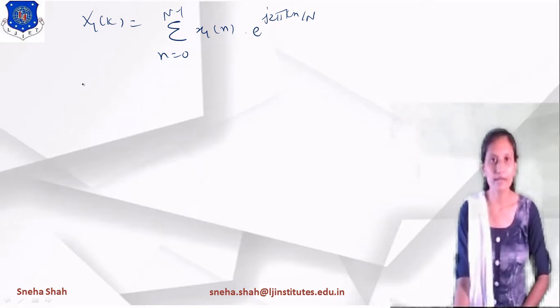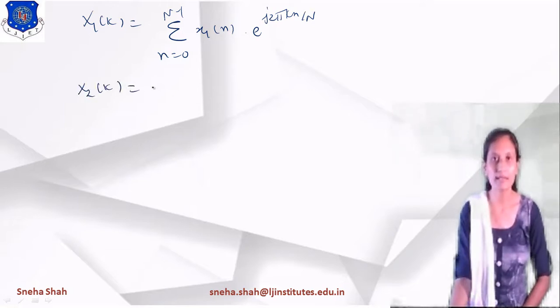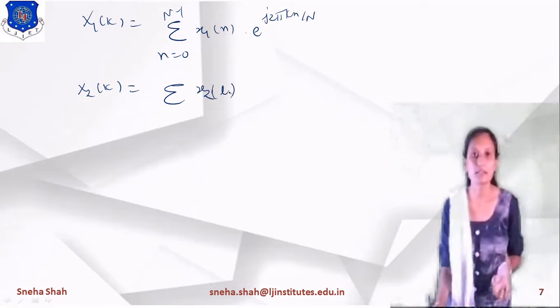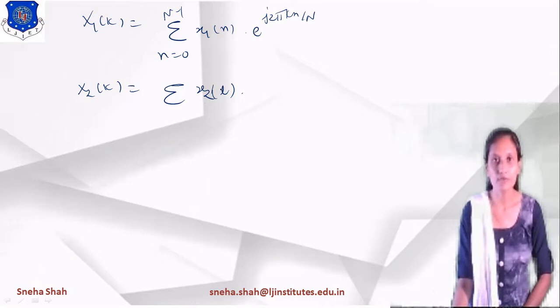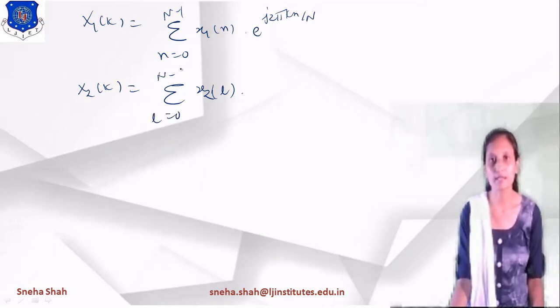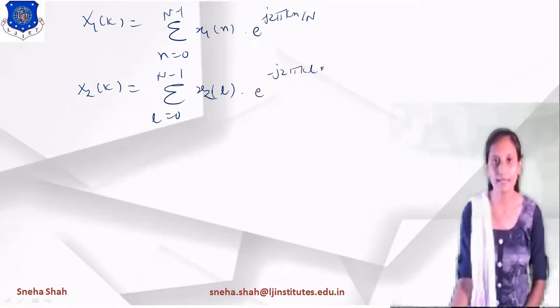In the same way, if you want to find X2 of k, instead of this n, we will take L, another variable, because we will not mix these two signals. So we take another variable like x2 of L, where L ranges from 0 to N minus 1, e raised to minus j 2 pi kL by capital N.